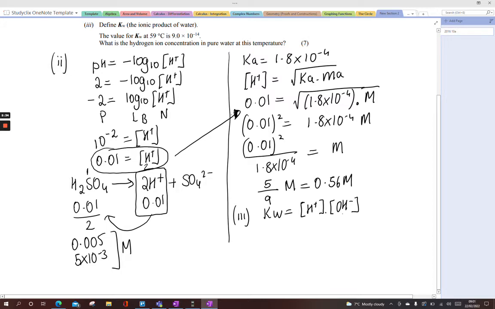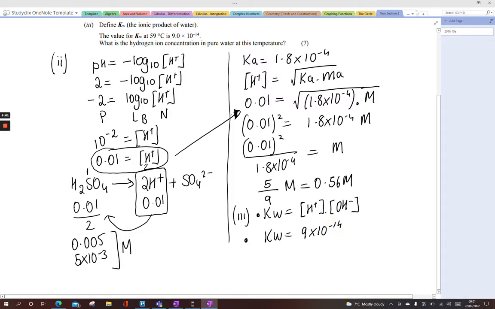So the product, because it's being multiplied, the product of the molar concentrations of hydrogen ions times hydroxide ions in water. So put in, if you wish, the equation format, and then throw in the words, because the equation gives you the words. The value of Kw, like all these equilibrium constants, is temperature dependent. And at 59 degrees Celsius, Kw is equal to 9 by 10 to the minus 14.